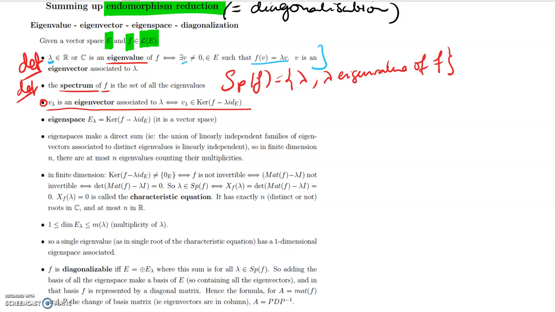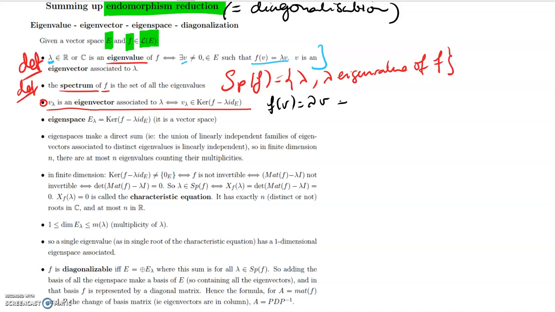All right, it comes directly from the definition as V is an eigenvector associated to lambda. It means that Fv is equal to lambda times V.